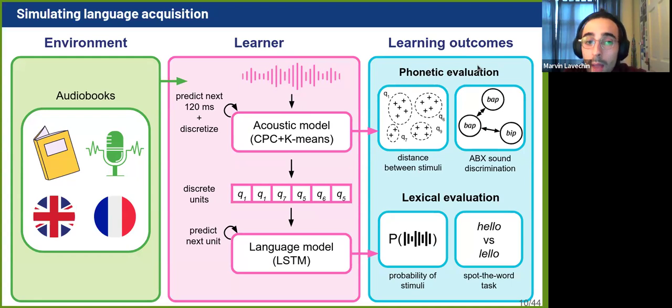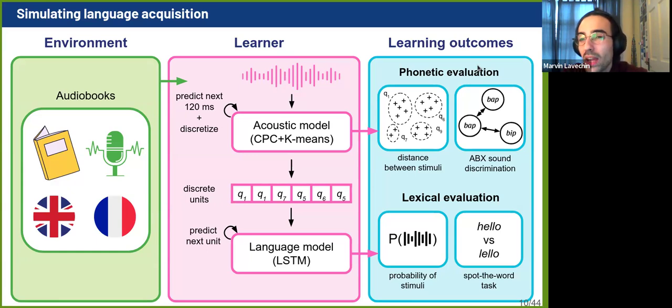This is one model among a thousand other possible models, but it's an implementation of the idea that the brain is trying to infer what's going to happen in the really near future.